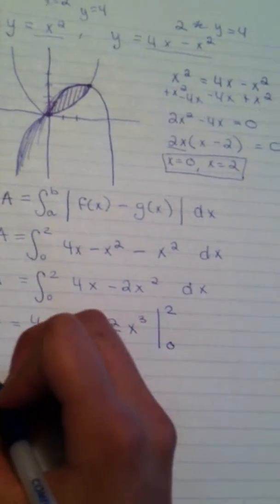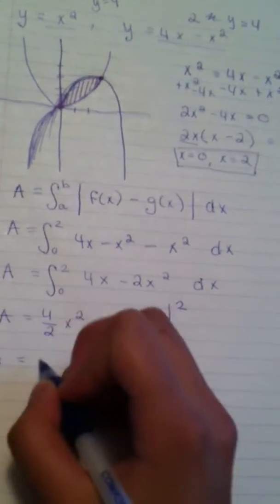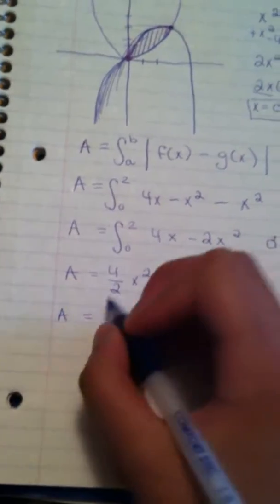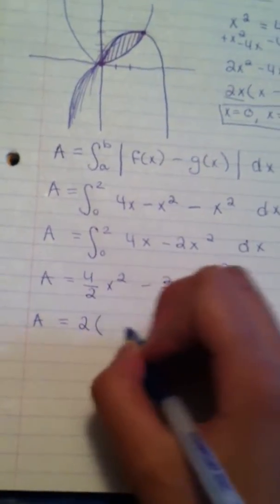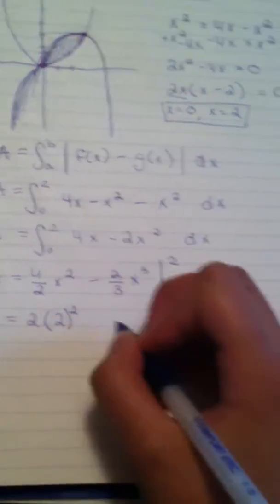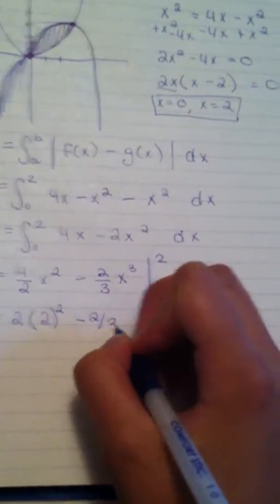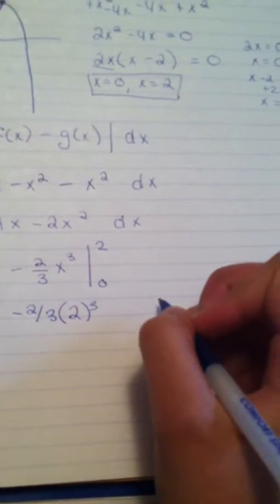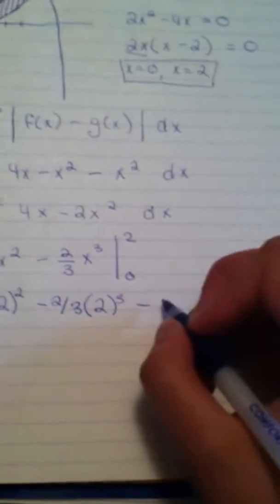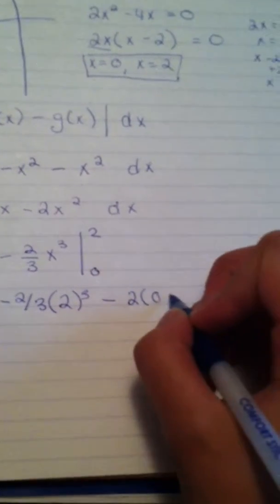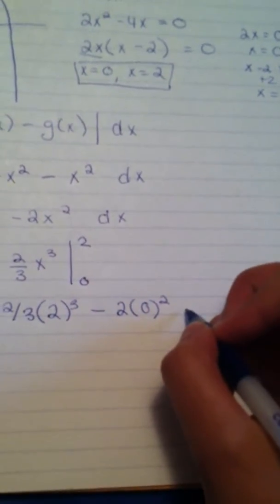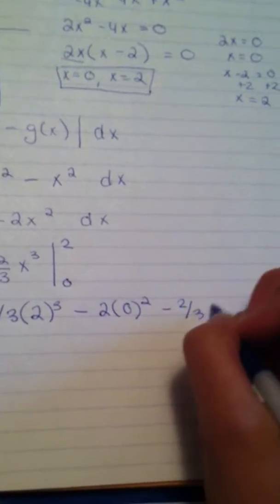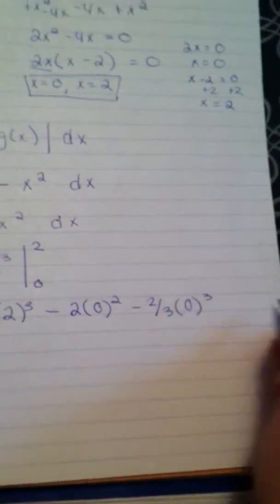So plugging in 2, we have area equals, and 4 halves is just 2, times 2 squared minus 2/3 times 2 cubed, minus 2 times 0 squared minus 2/3 times 0 cubed.